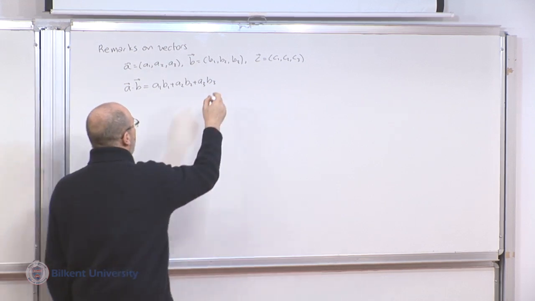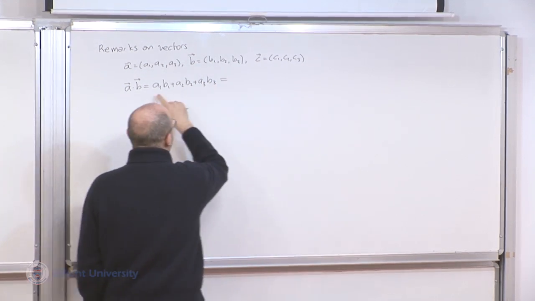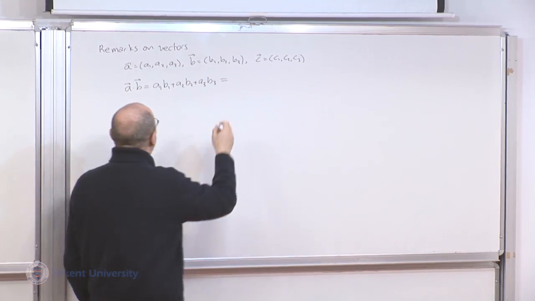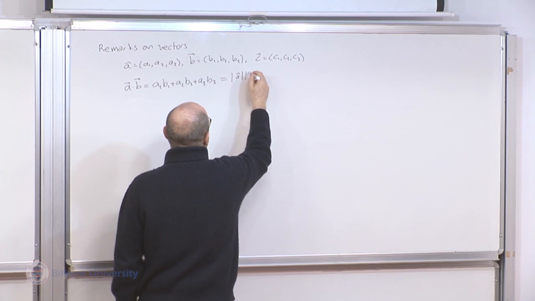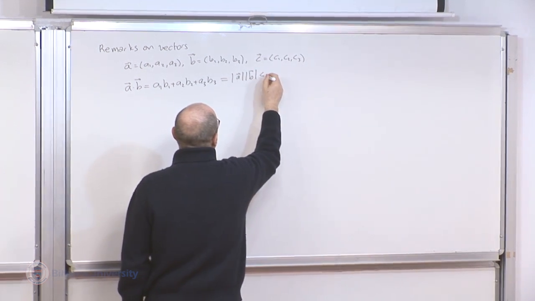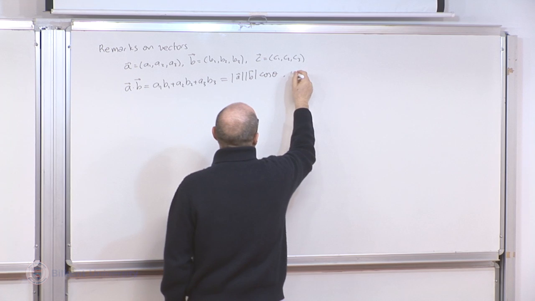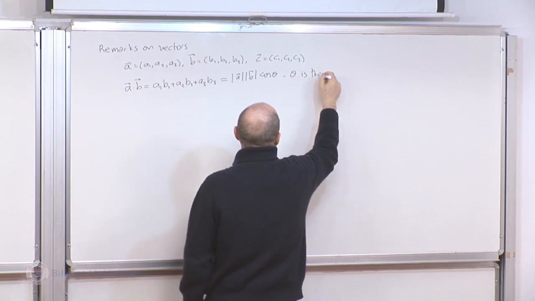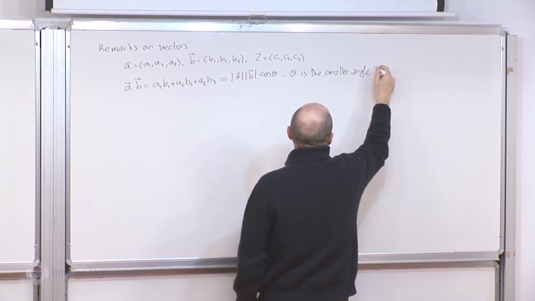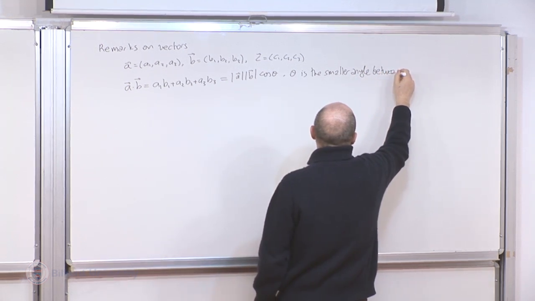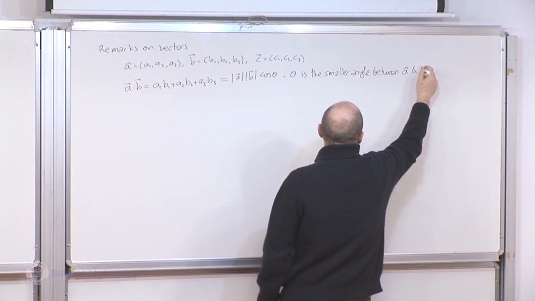Okay, and what we are in most cases interested in is that this number is equal to the length of A times the length of B times cosine theta, where theta is the smaller angle between A and B.